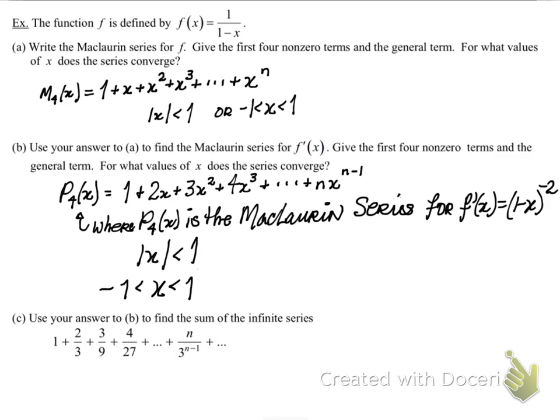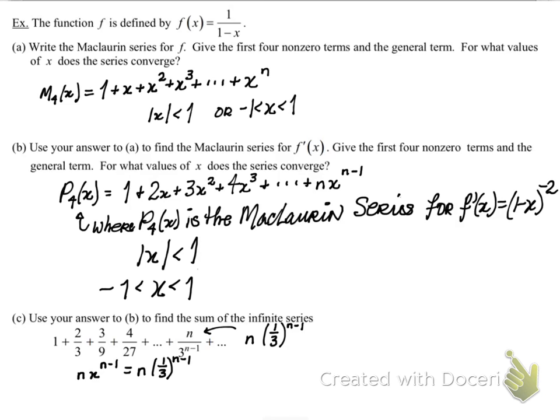So what you have going on here is that instead of n x to the n minus 1, your general term would be n times 1/3 to the n minus 1, because this little piece right here can be rewritten that way.